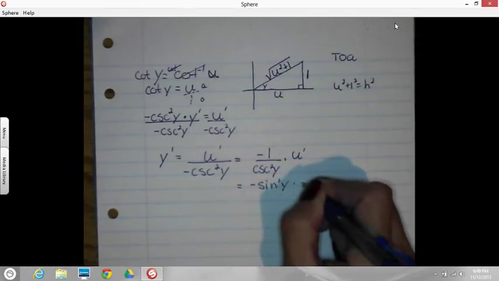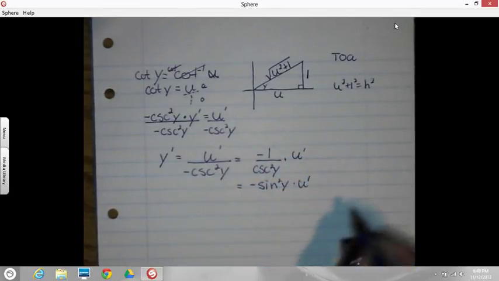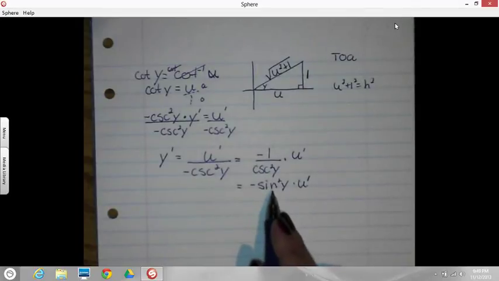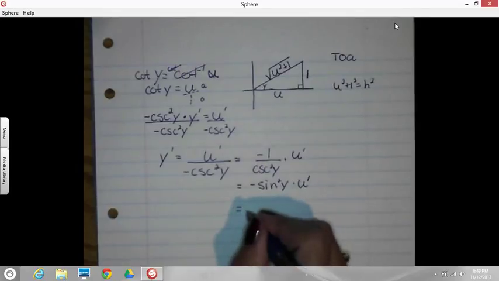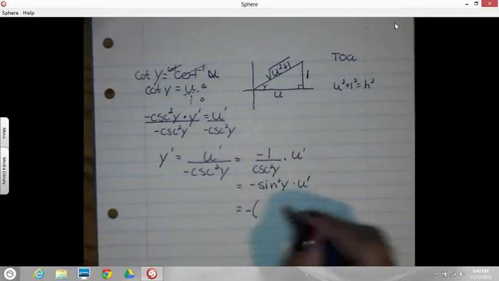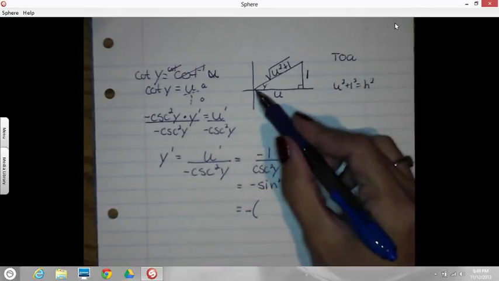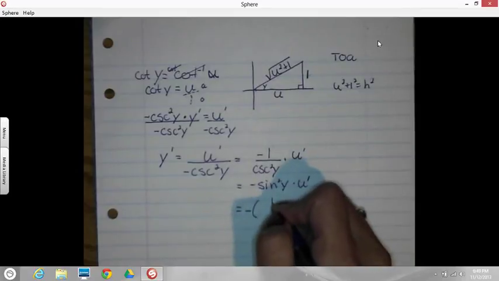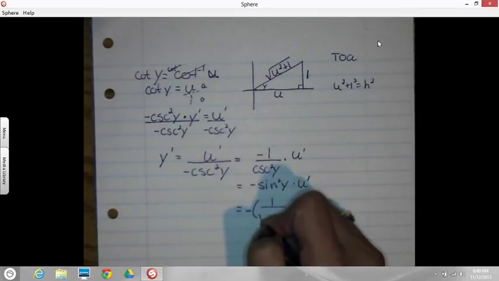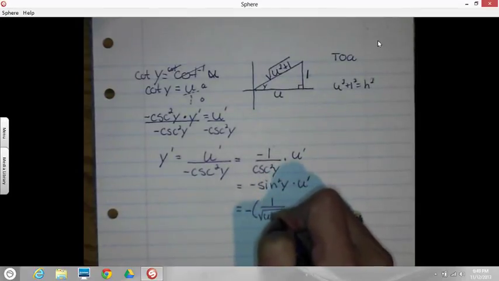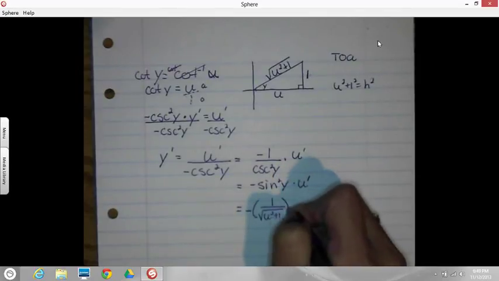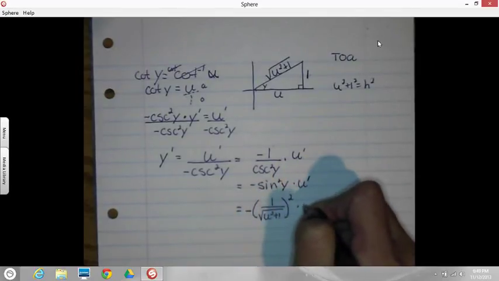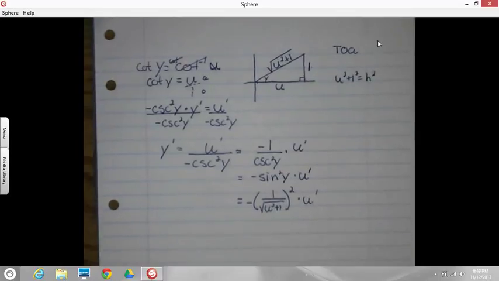Now I know I want to go to the triangle and get the sine ratio and square it. Note the negative doesn't get squared though. So stand on y. Sine is opposite over hypotenuse. So the opposite is the 1. The hypotenuse is the square root of u squared plus 1. I've got to square that, and then it's times u prime. Notice the negative was not a part of it, just the sine is being squared, not the negative.